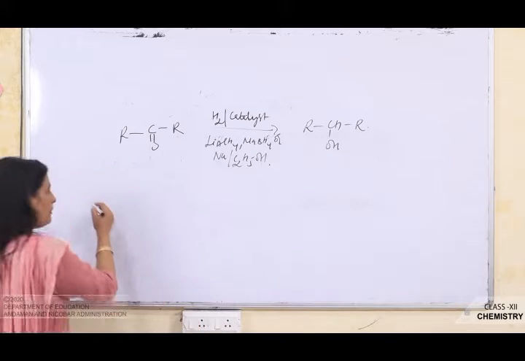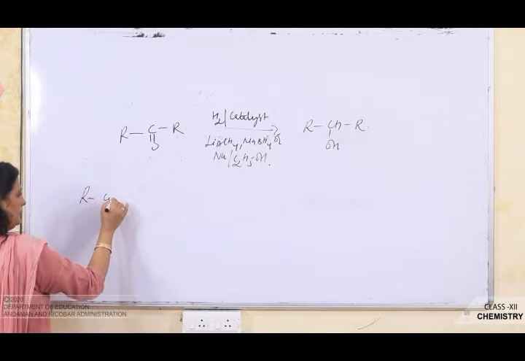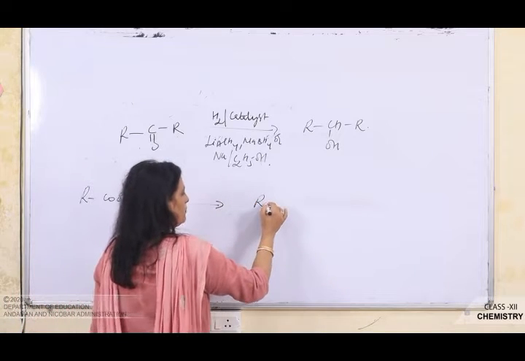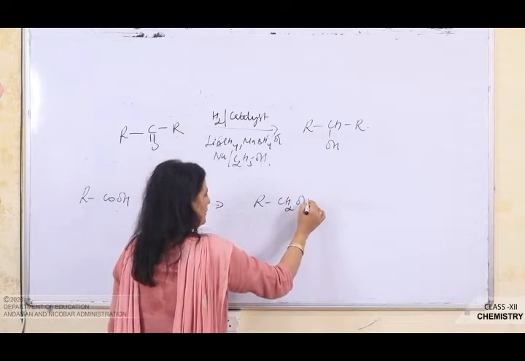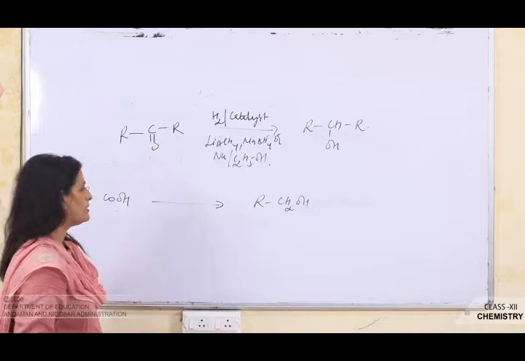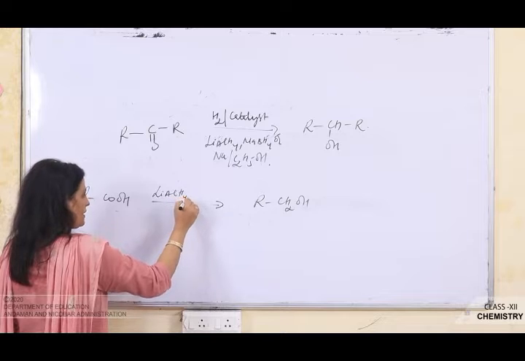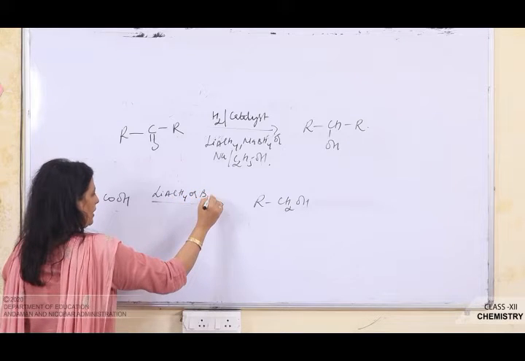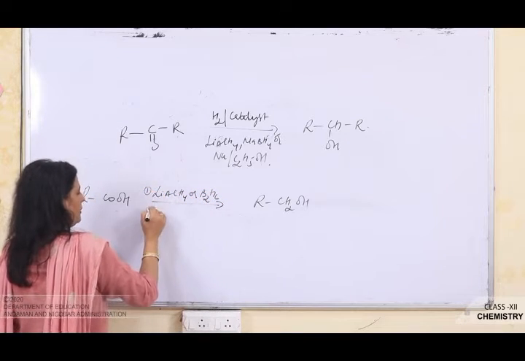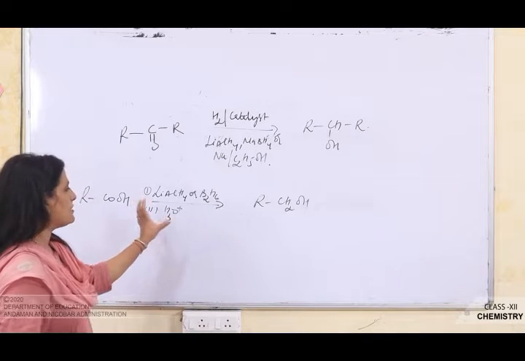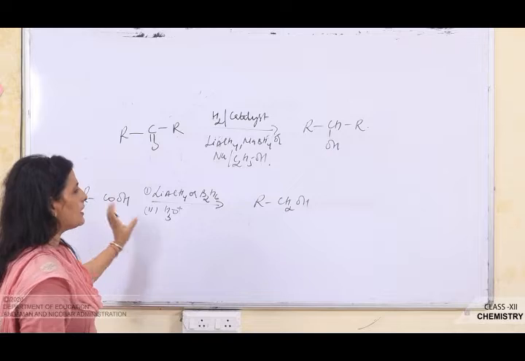Next you see a carboxylic acid. Carboxylic acid on reduction also is converted into a primary alcohol, but the reducing agent which you can use is only lithium aluminum hydride or diborane, followed by acidification. So this is the reducing agent which can be used to reduce a carboxylic acid.